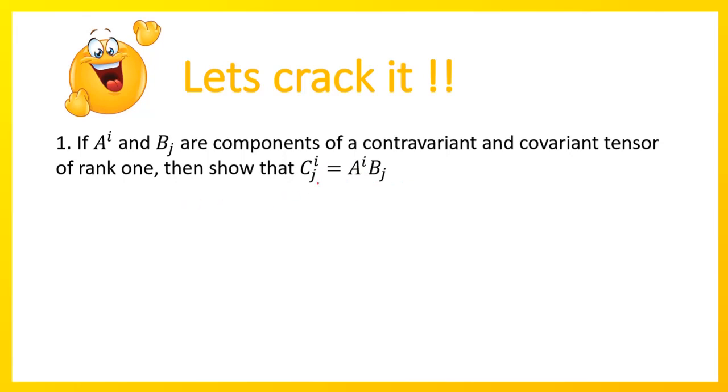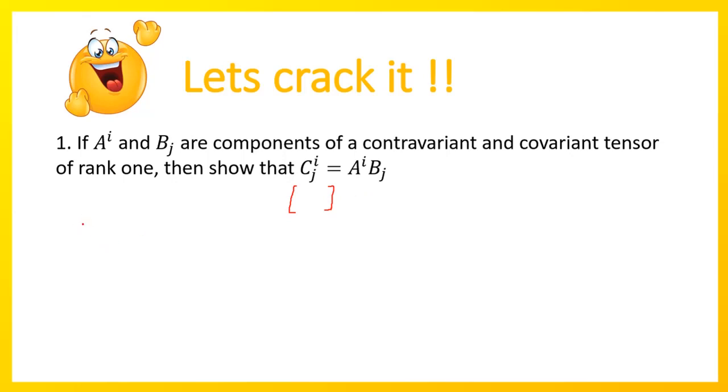Remember, Cij has two components, so it has to be in the form of a matrix. I don't say it has to be a tensor, because it has to obey certain rules which definitely occur for tensors only. So it has to be in the form of a matrix, whereas Ai and Bj are in the form of a row matrix and a column matrix.